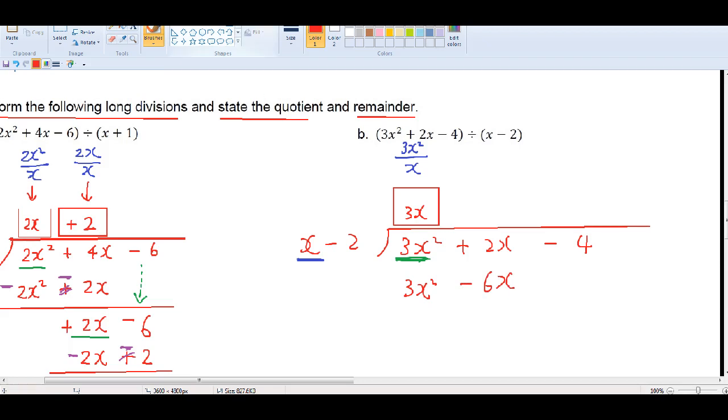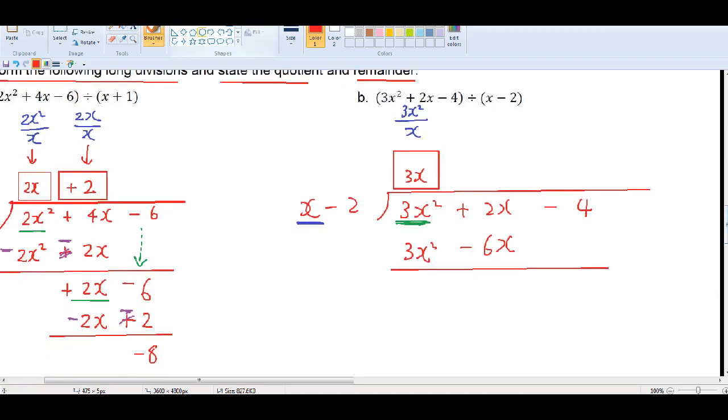So what will be our next move? Remember that you need to change the sign. The 3x squared is plus, so it becomes minus. The next sign is minus, so we change it into plus. So we change the new line's signs, and then you add them.